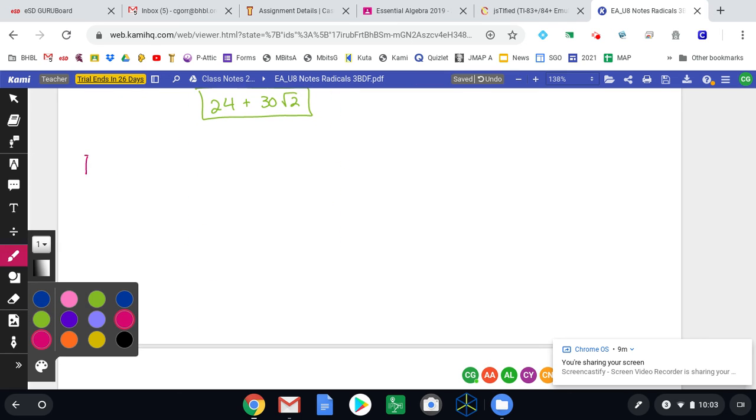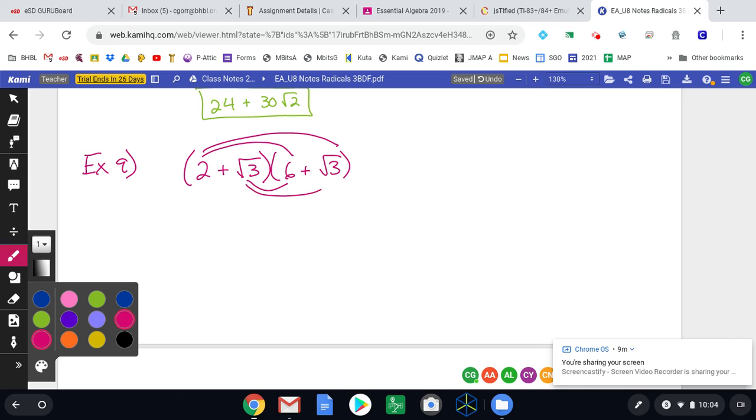All right, and our last example. What happens if I have something like 2 plus radical 3 times 6 plus radical 3? This time we've got to double distribute. So 2 times 6 is going to give me 12. 2 times radical 3 is going to give me 2 radical 3. 6 times radical 3 is going to give me 6 radical 3.